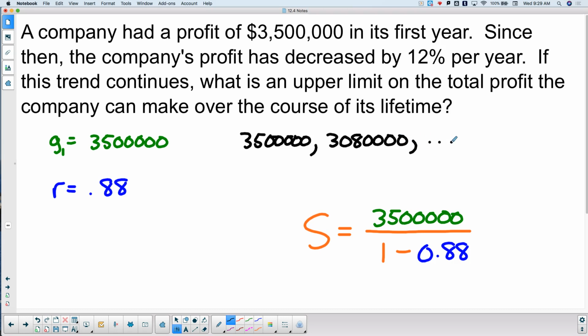So then we can find our R by taking that number and dividing it by 3,500,000, and we get 0.88.